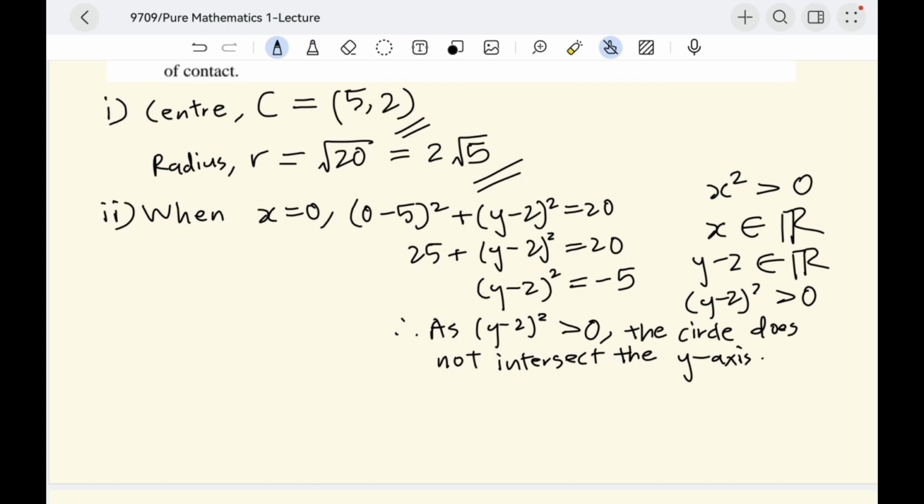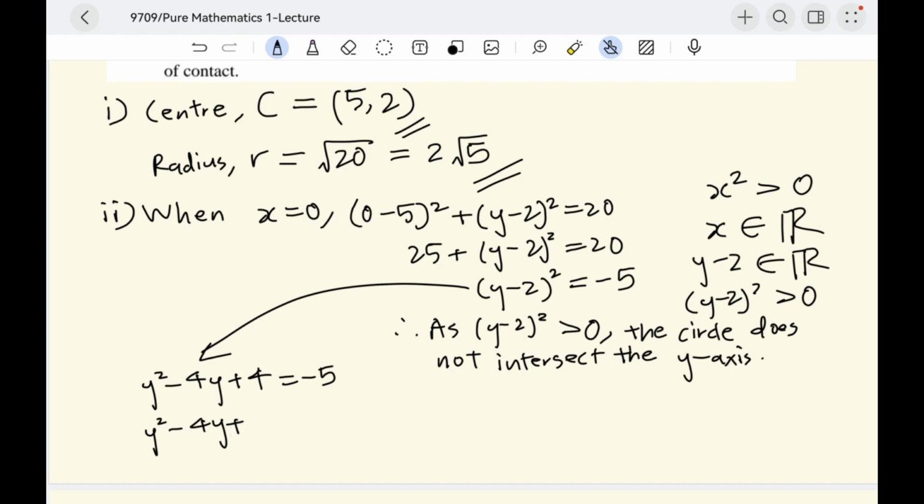Okay, following the mark scheme from the examiner. So let's continue the steps by expanding and simplifying into the quadratic equation in the general form. So I have y² - 4y + 4 = -5. So I have y² - 4y + 9 = 0. Okay, apply the discriminant formula, looking for the discriminant.